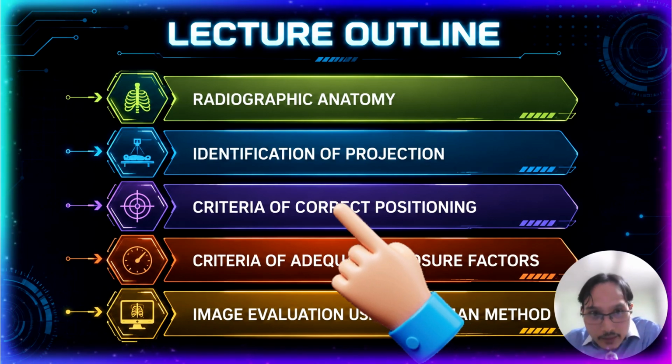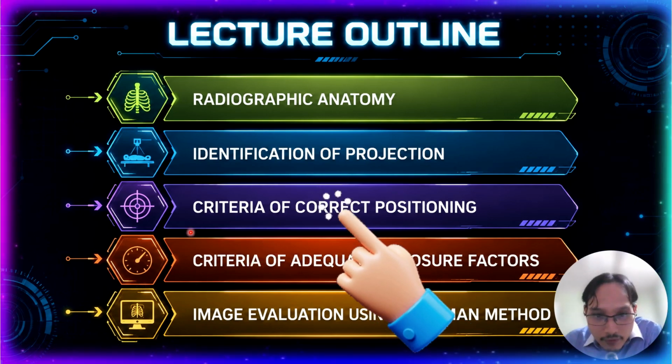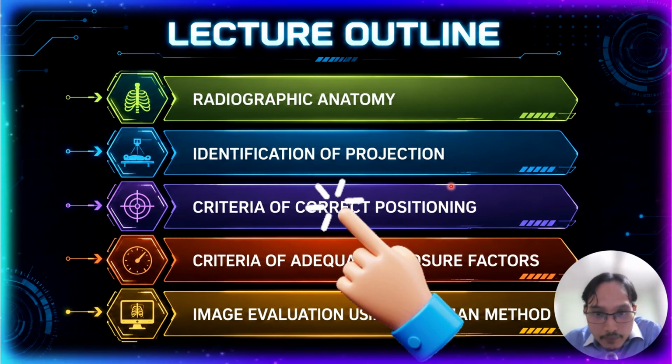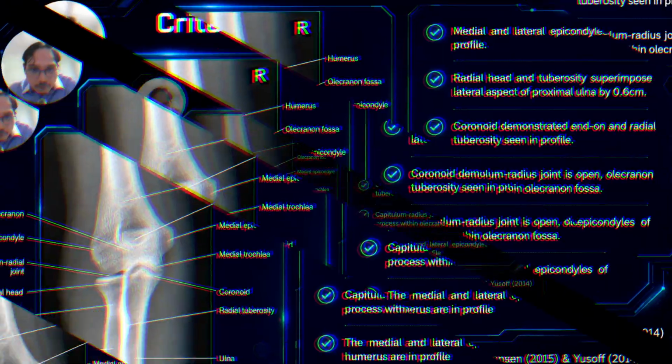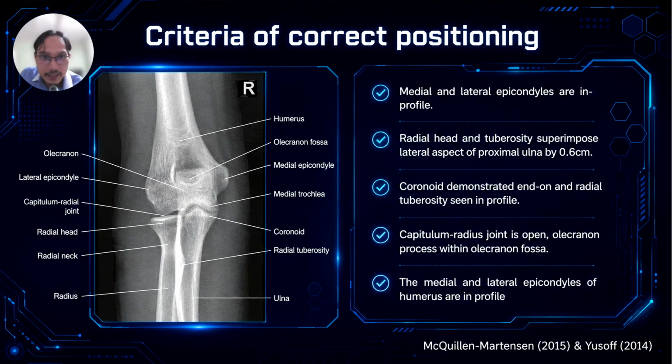Next, we are going to see the criteria of correct positioning. To determine whether an AP elbow has been positioned correctly, several image criteria must be assessed. Firstly, medial and lateral epicondyles are in profile.